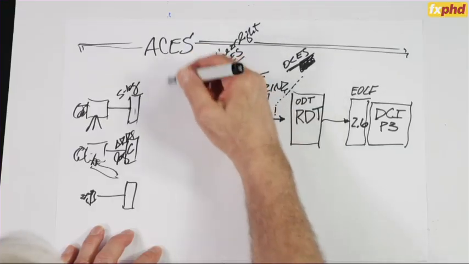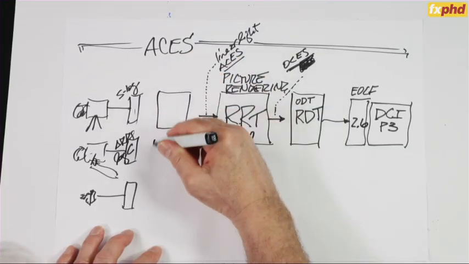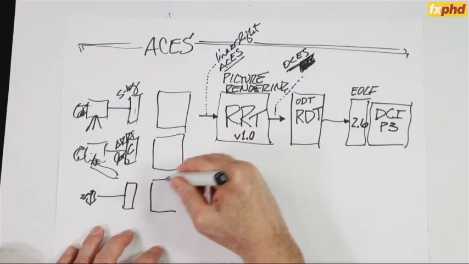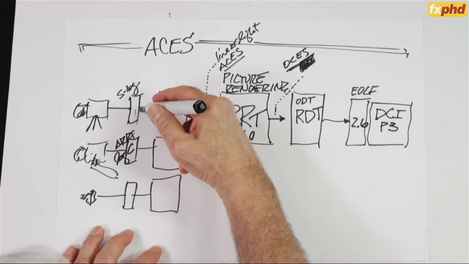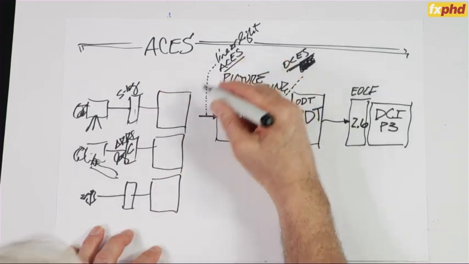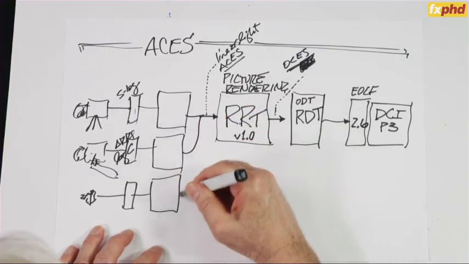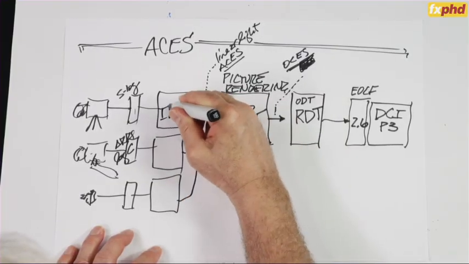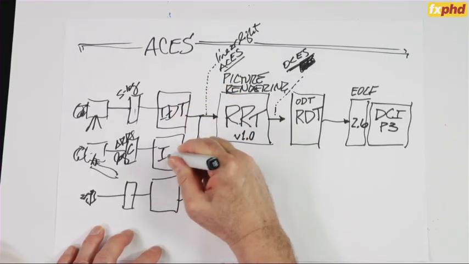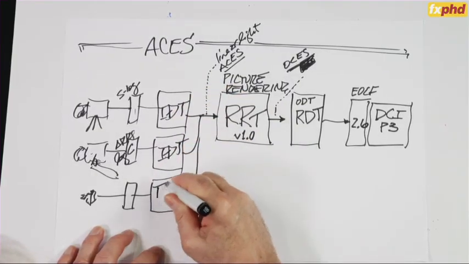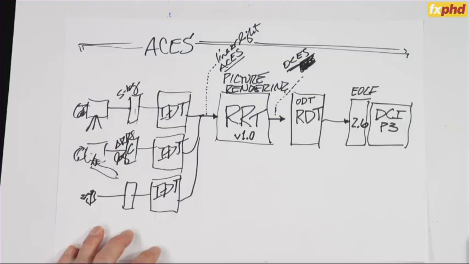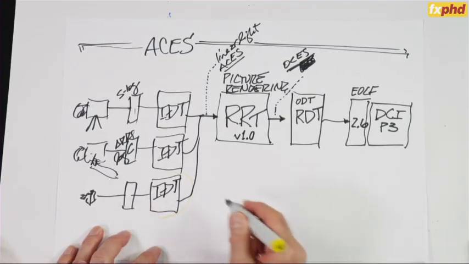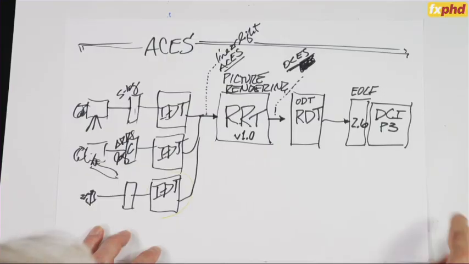At the input to the ACES process, we have color transforms which take various camera spaces and map them into the ACES color space. These are input device transforms. They come in different flavors, and typically you'll try to obtain one of those transforms from your camera vendor.